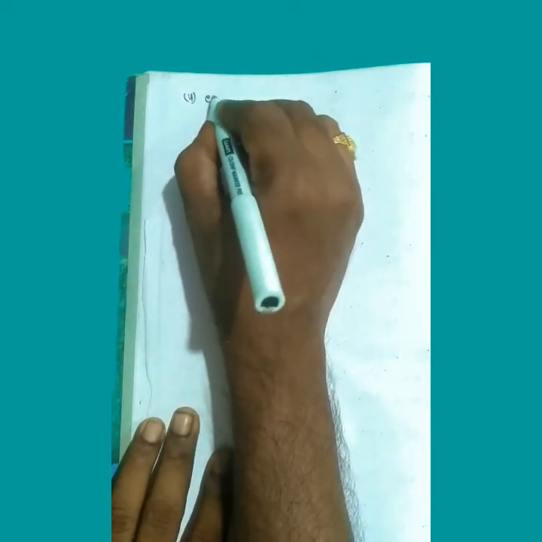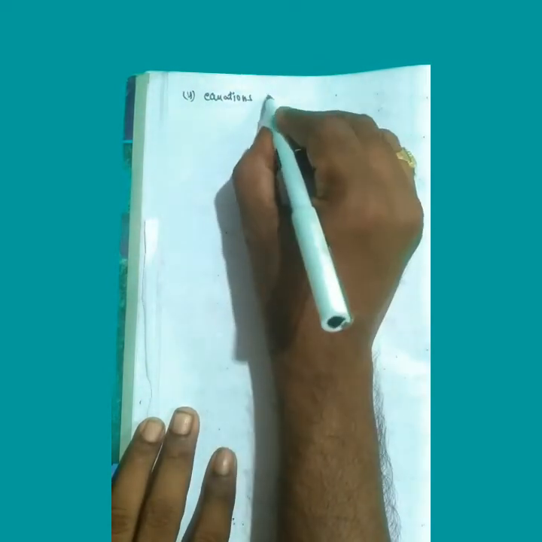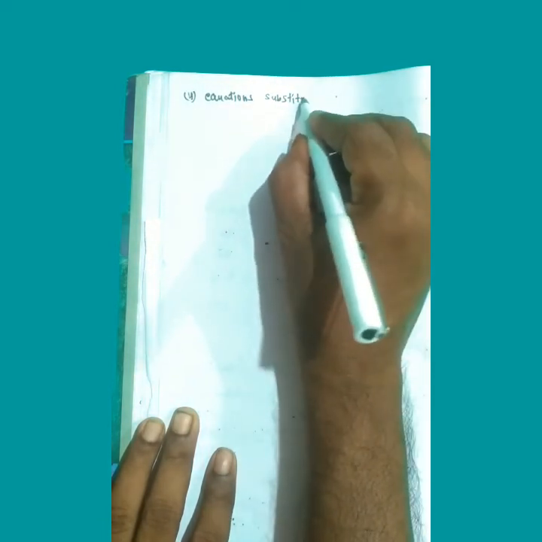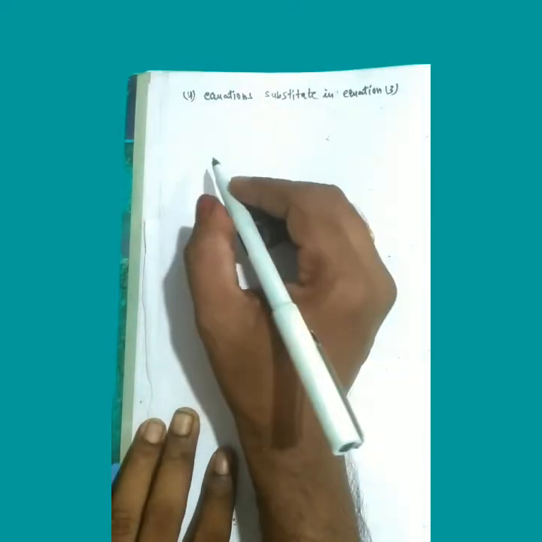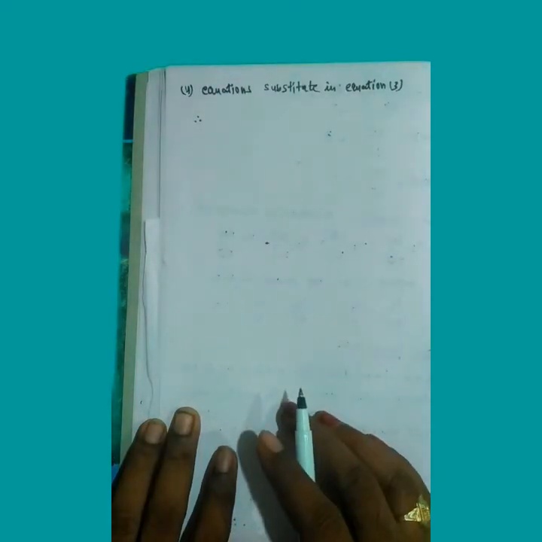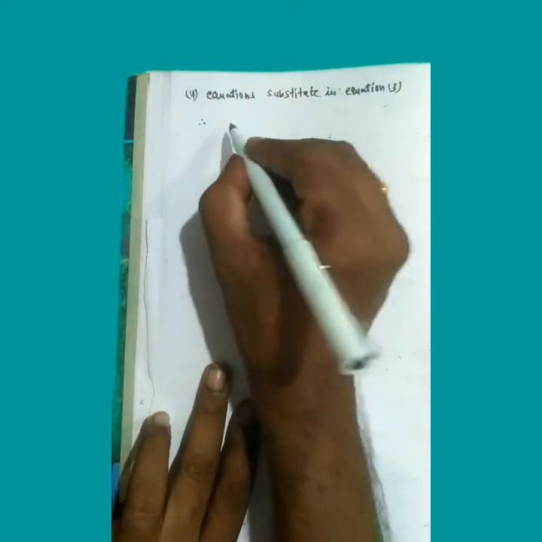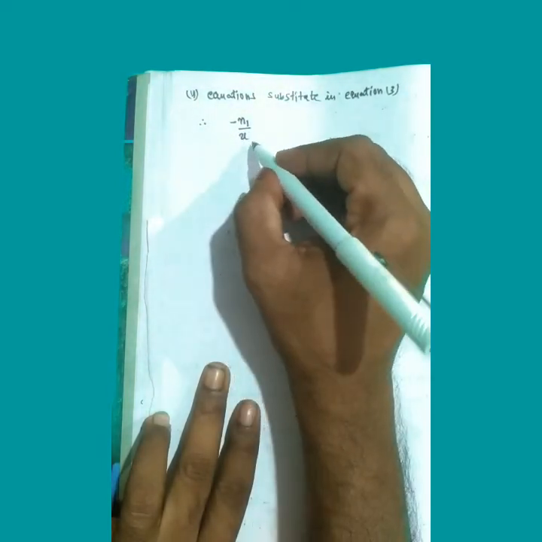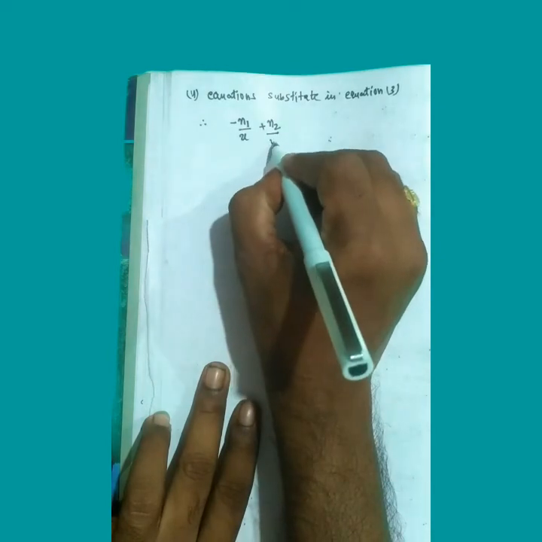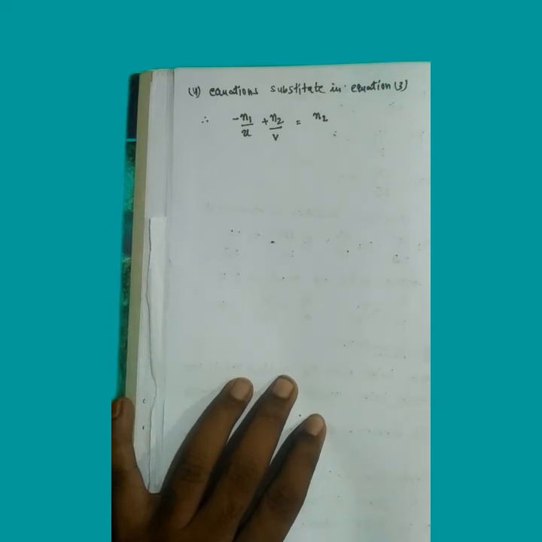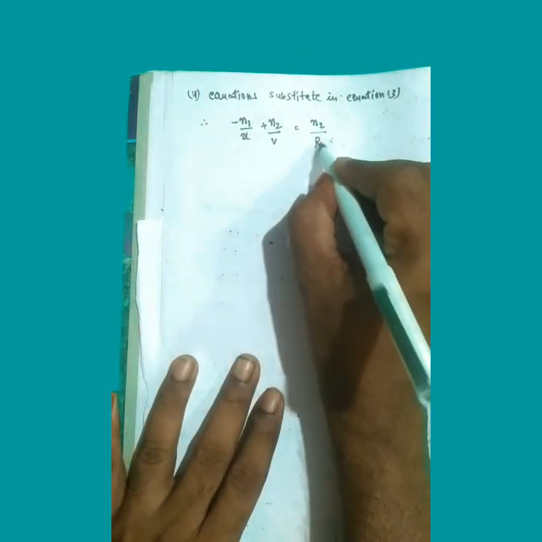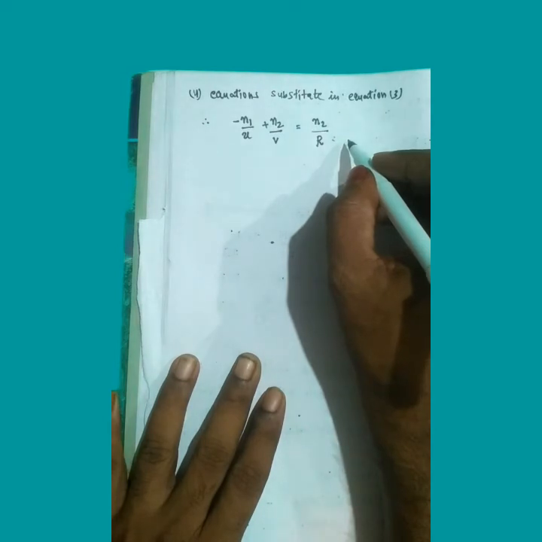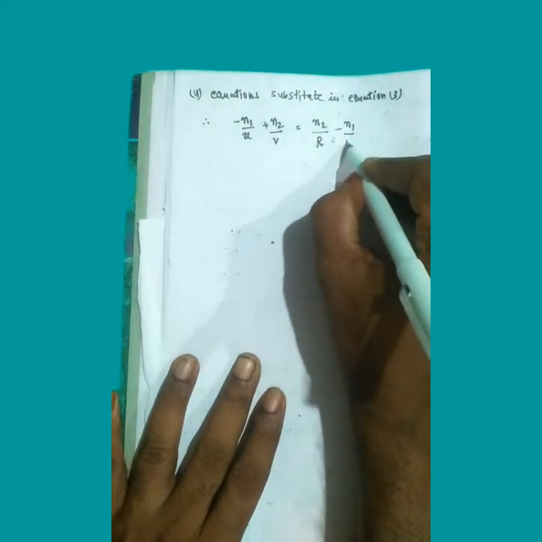Therefore we get minus n1 by u plus n2 by v equals n2 by r minus n1 by r.